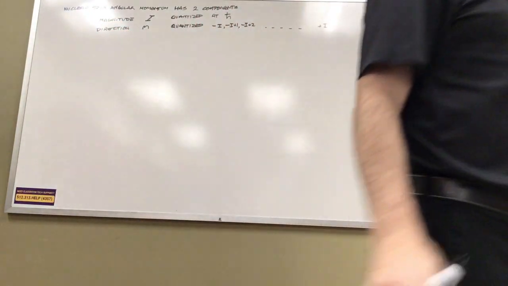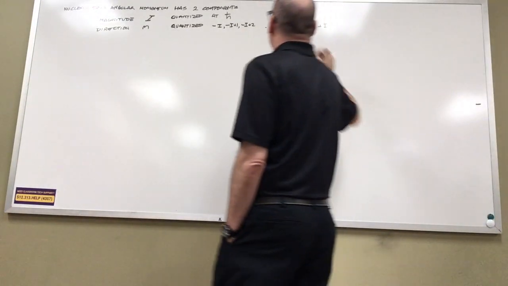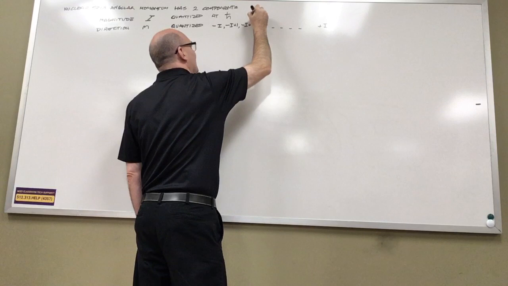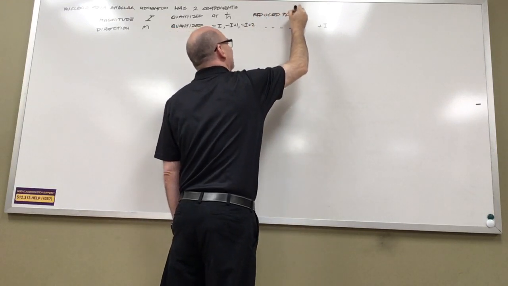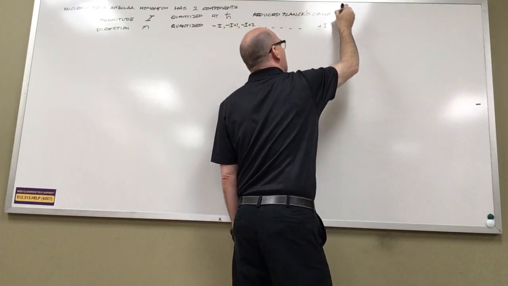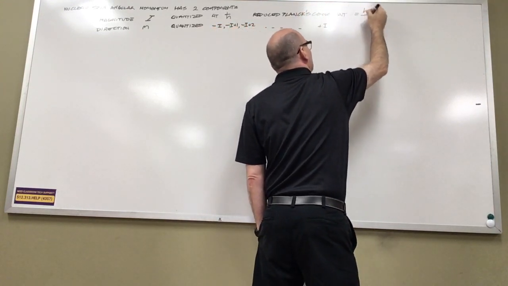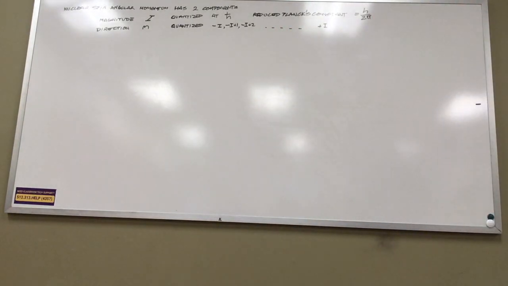With a bar, h bar is the reduced form of Planck's constant, which is h over 2 pi. I think most of the time we'll leave the h over 2 pi in it. Okay.